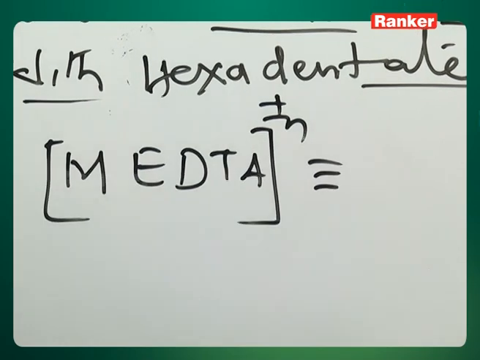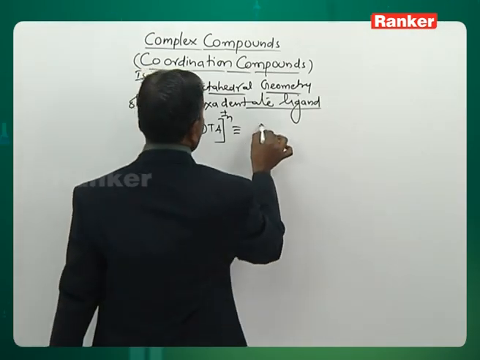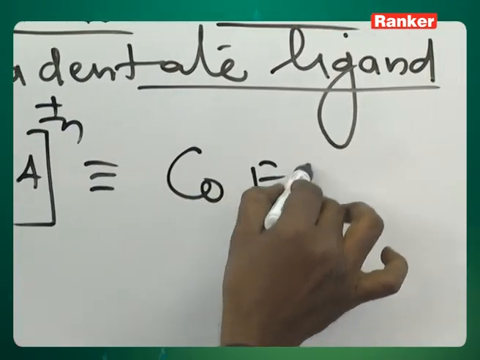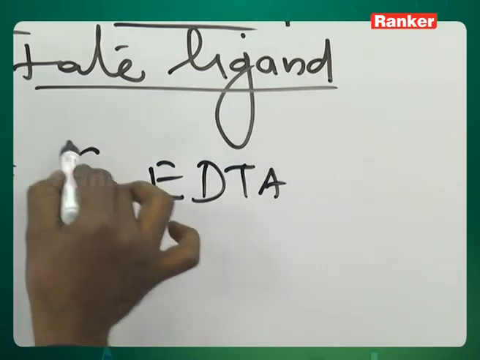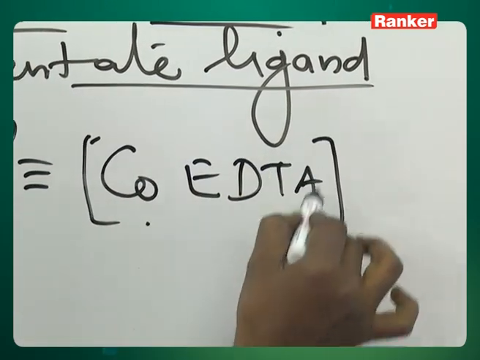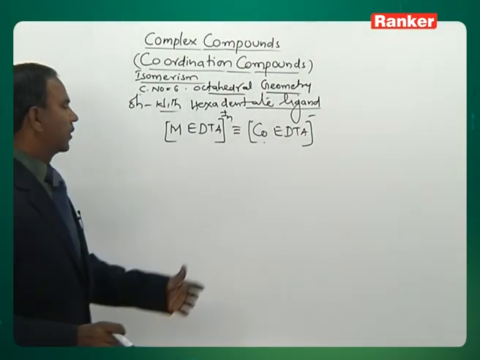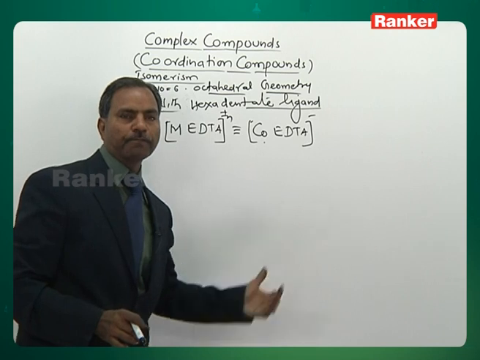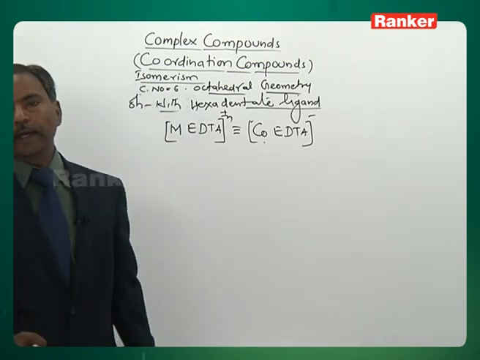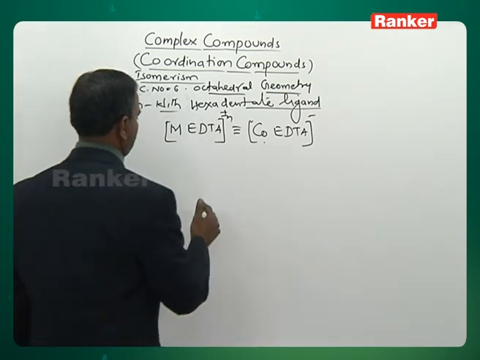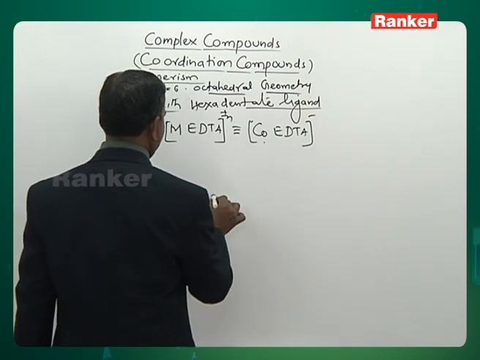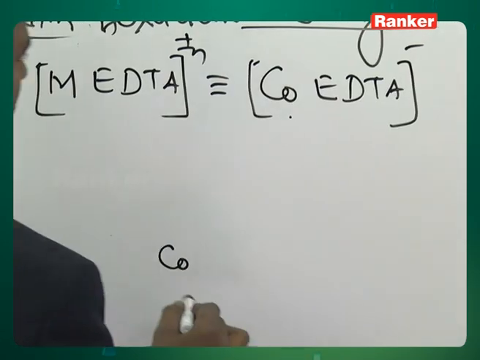See, M EDTA is optically active. Take Co EDTA. Co EDTA is optically active. How is it optically active? Let us put the diagram and see the D and L isomers for this. Look here. It is a little difficult to draw, but you have to practice this particular one.